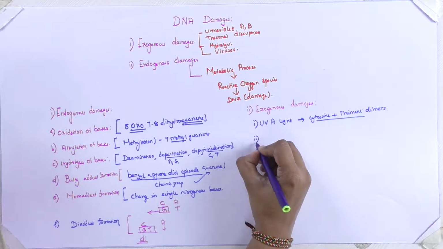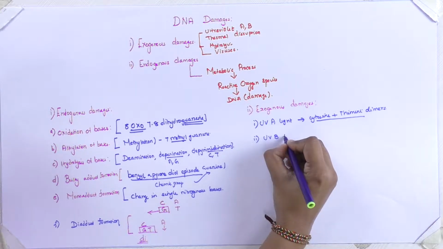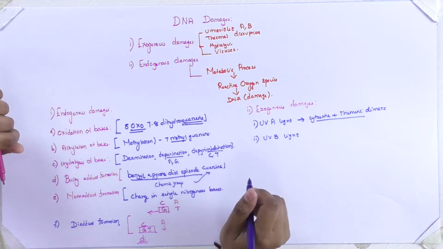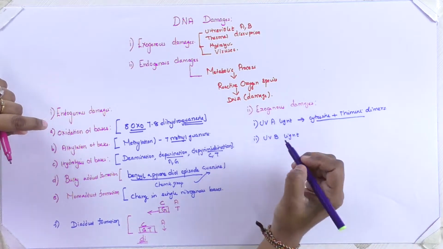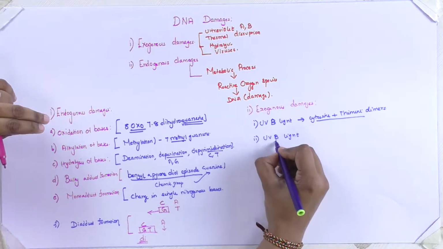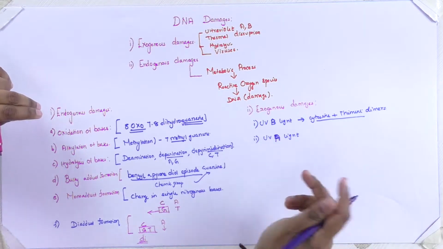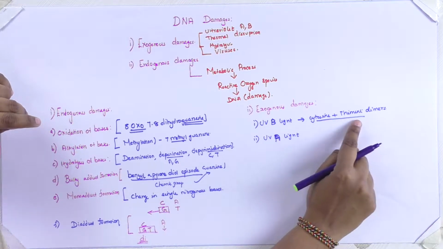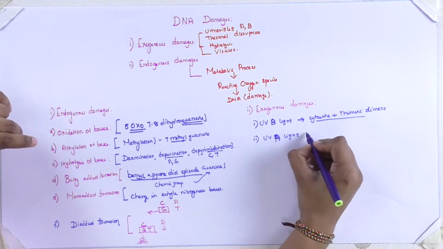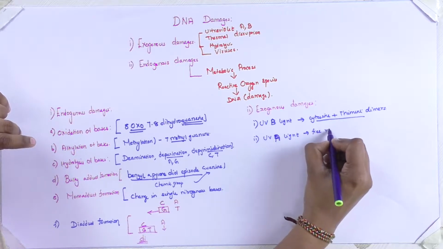Next you have UVB light. Exogenous damages are of two types, UVB and UVA. Under UVB light, cytosine and thymine dimers will be formed. Under UVA light, free radicals will be generated.